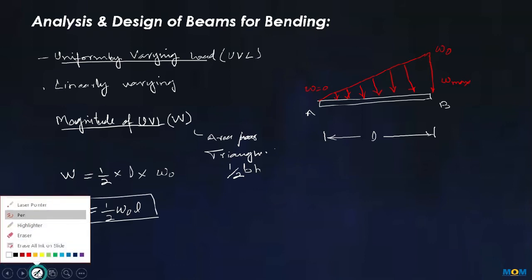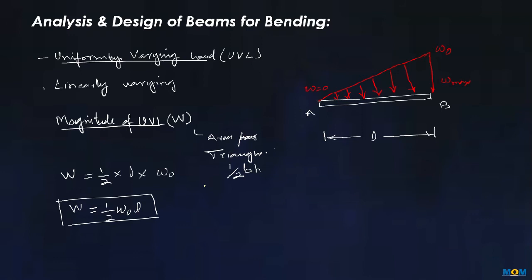Now the application of this, that is the point of application of the line of action, would be here from the zero end, that is going to be 2L upon 3, and from the maximum omega naught value, this is going to be L upon 3.